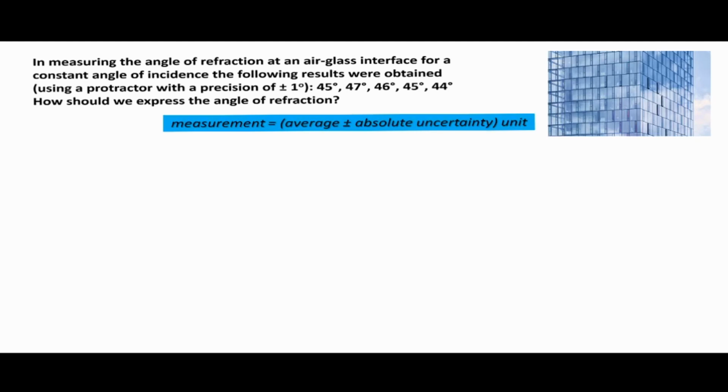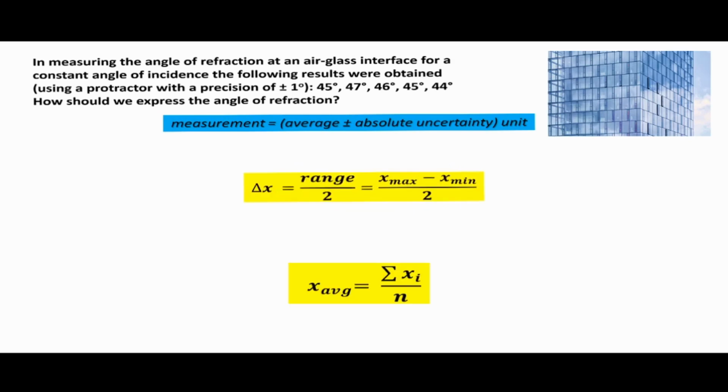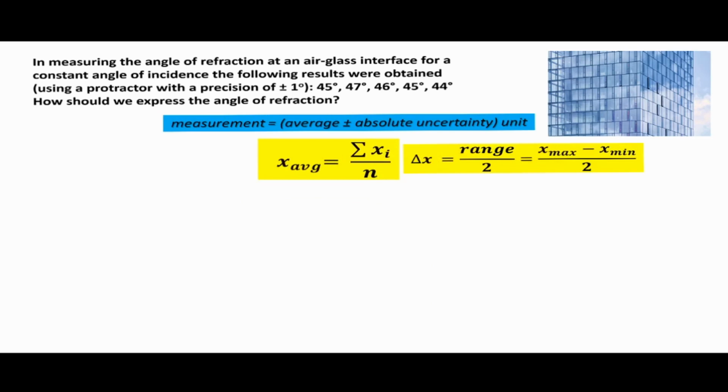From our previous examples, a measurement for several repeated measurements is equal to the average plus minus absolute uncertainty, and of course the unit. So we first solve for the average of our data, and then we solve for the absolute uncertainty. Let's take first the average of our data.